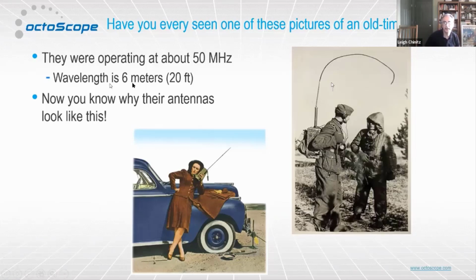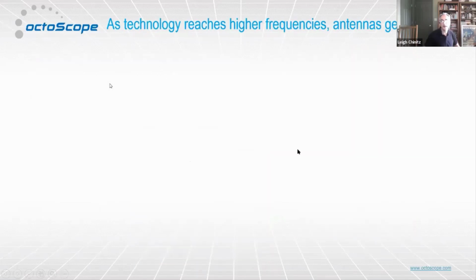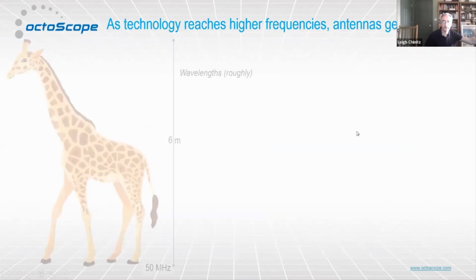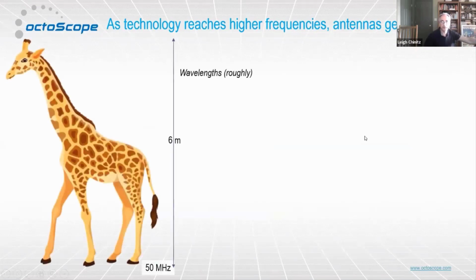The wavelength at 50 megahertz is 6 meters, about 20 feet. So a half wavelength dipole would be 10 feet long. So you now have some idea why, back then, antennas were always shown as being these really, really long things. But as technology has gone to higher and higher frequencies, antennas are getting smaller. And that's obvious from all the discussion that we've had.